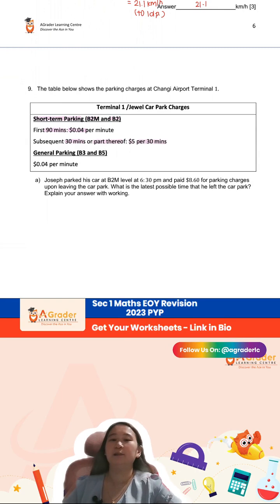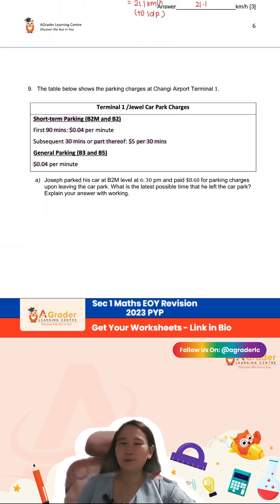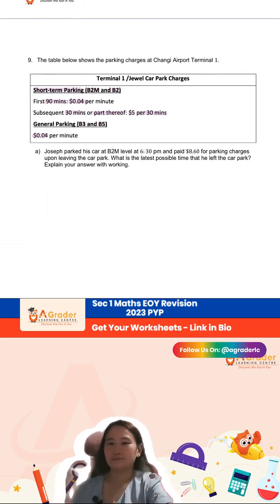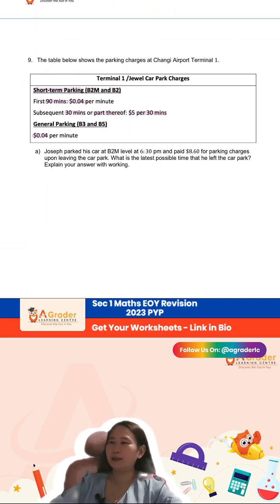Then for general parking at B3 and B5, it is 4 cents per minute. Yep, so you can see that set 1 math is not difficult, right? Okay, so what's your answer for part A?